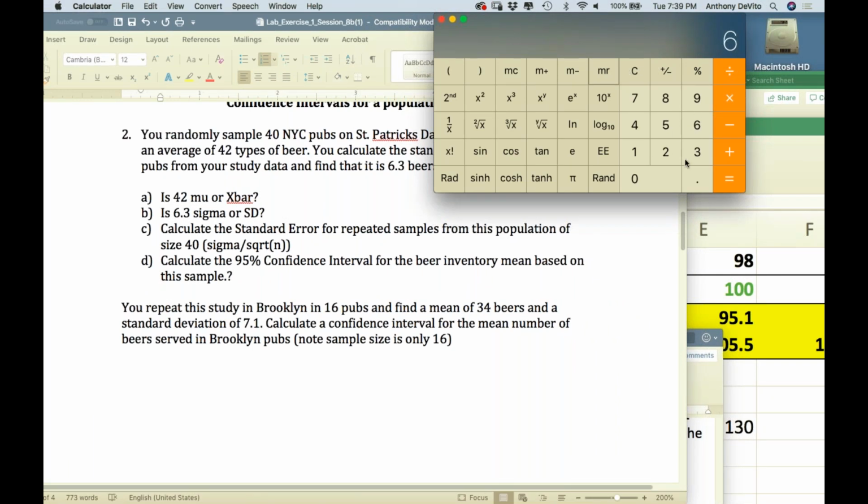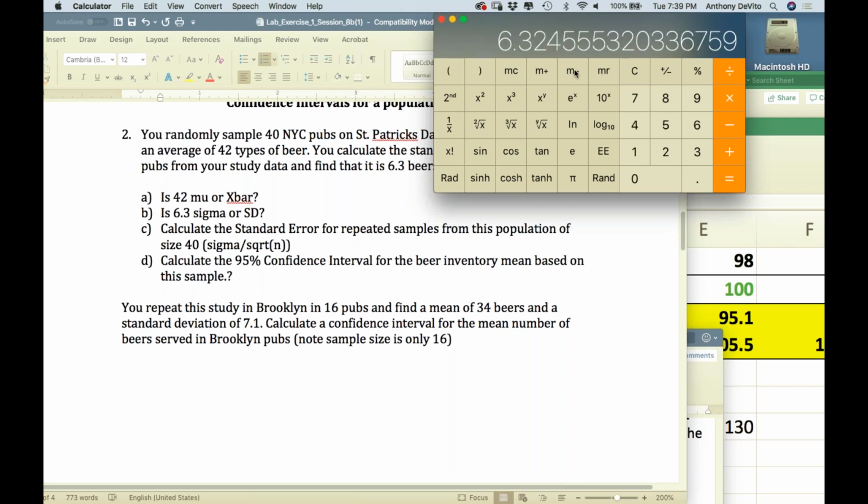Standard deviation 6.3 divided by the square root of the sample size. Actually, I should do this the other way around. I'll do it while you're doing it. 40, that's the square root of 40.